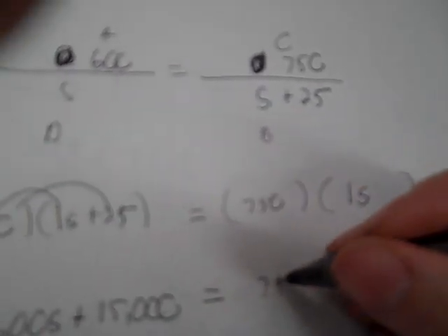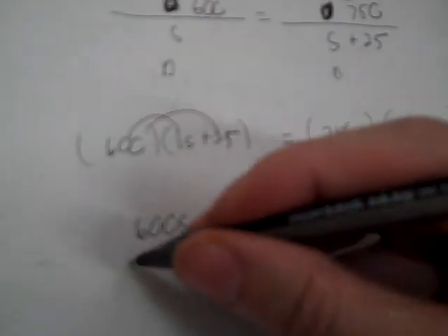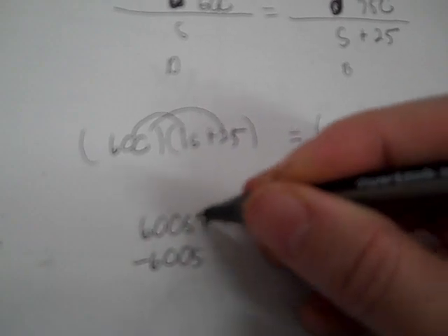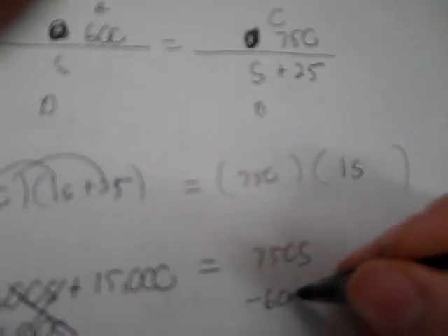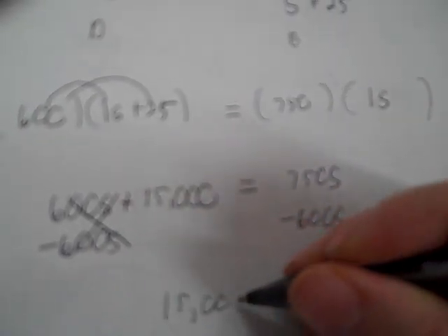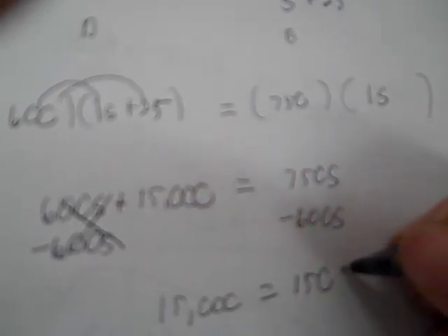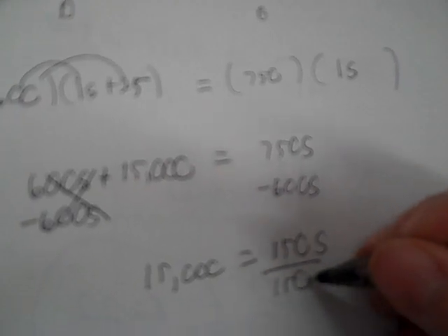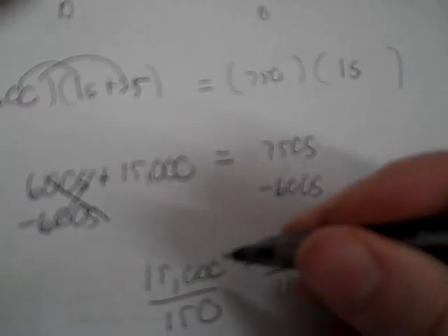And then 750s. Okay, get your s's on the same side because they're like terms. Okay, so 15,000 equals 150s. So I divide by 150, and I take 150,000, divide by 150, and that is 1,000, okay?